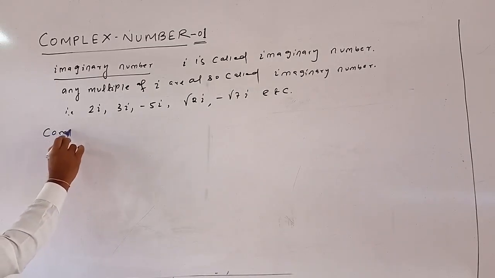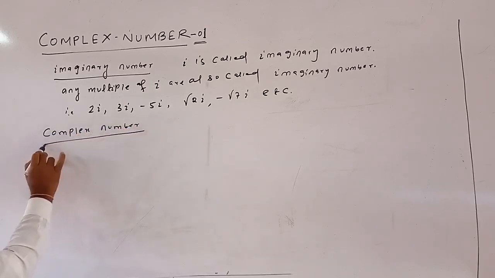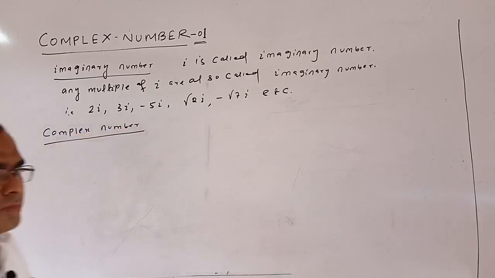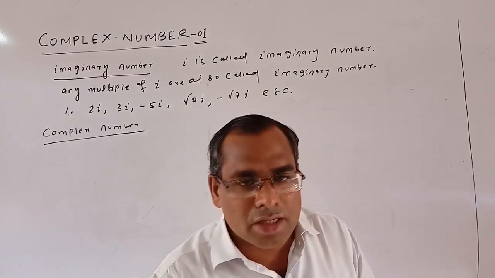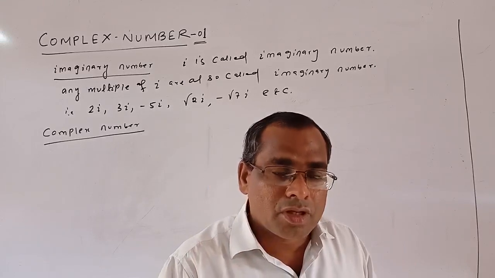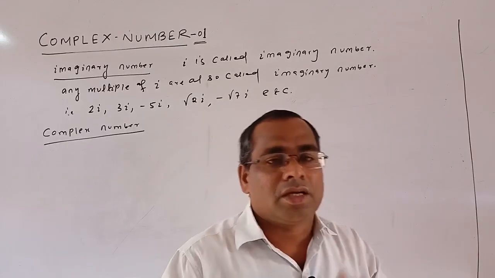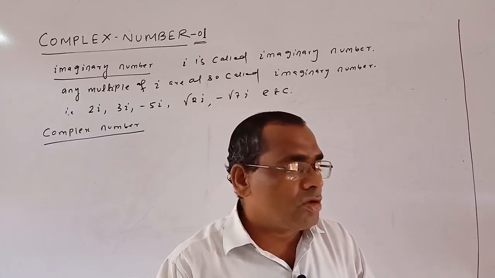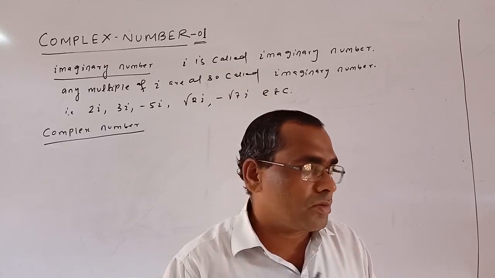Next, complex number. So what is a complex number? First you take a real number, then we take an imaginary number, then you add this imaginary number and the real number. So the addition of a real number and an imaginary number is called a complex number.